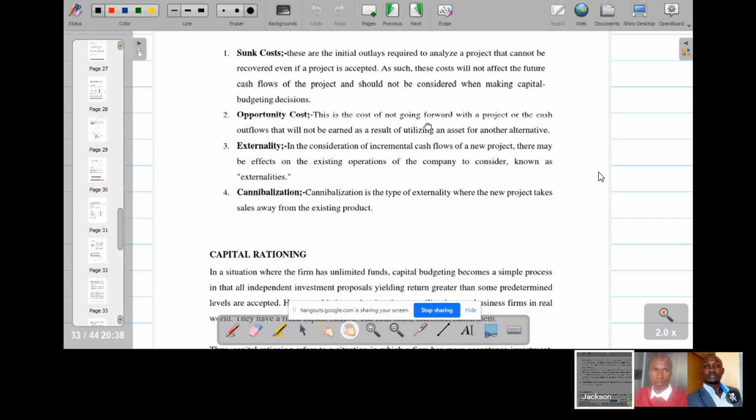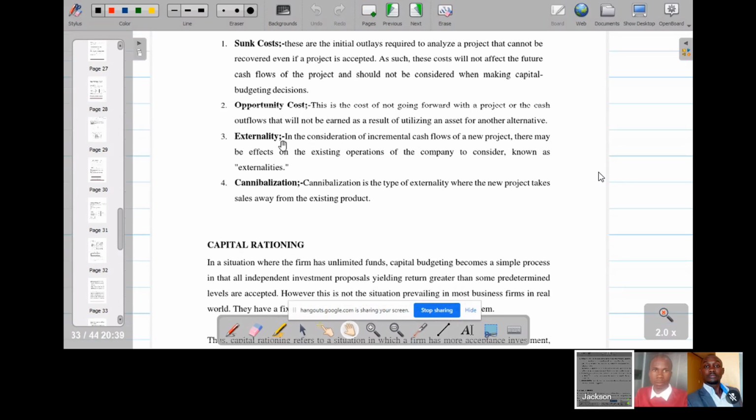Then externality: these are just factors that are affecting the operations from outside. It is not based on the machine that you have invested in. For example, it could be affected by change in technology. That is externality. Then opportunity cost.